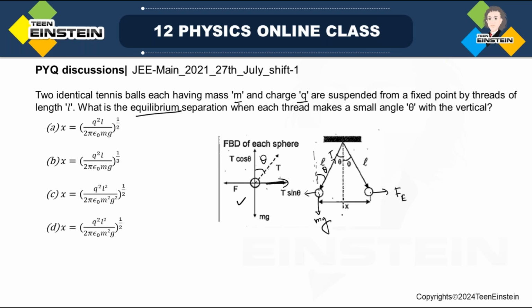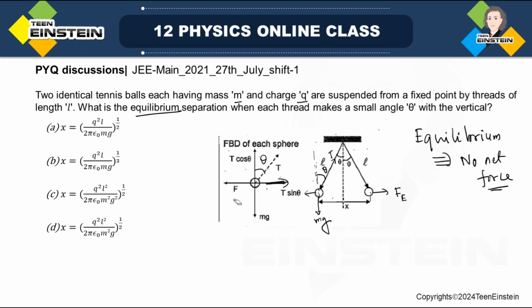Equilibrium means there will be no net force, so equilibrium implies no net force. That means all the forces acting on each of these tennis balls will be counteracted by some other force.